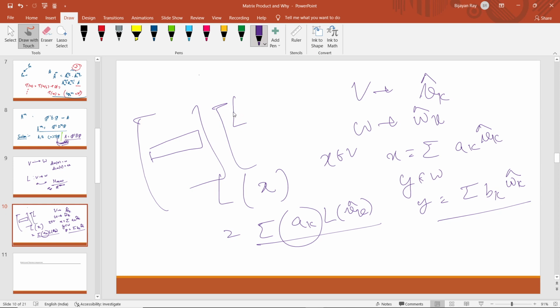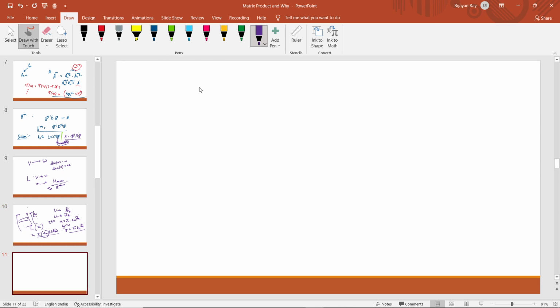And when it is composing over this set, A1 dot dot dot. This is the matrix. This is the kth row. Okay, so kth row.